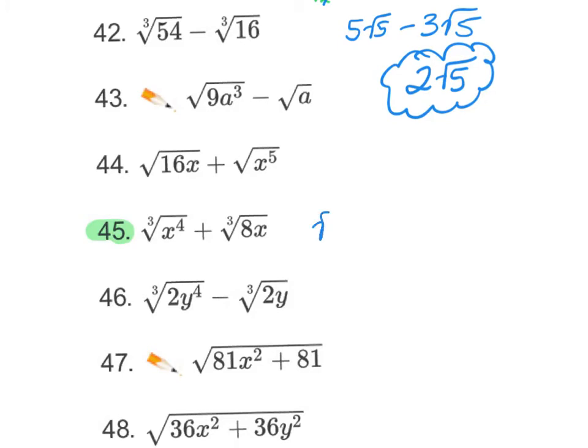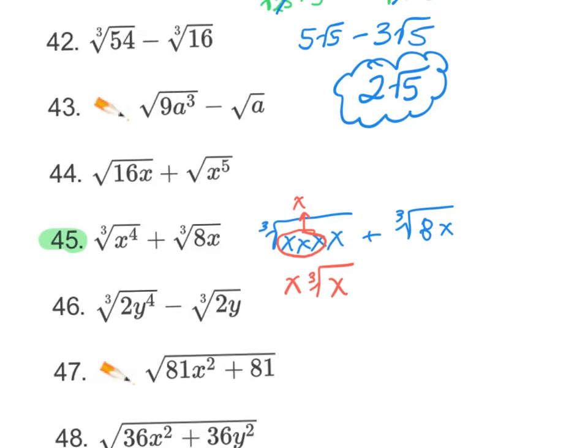If I break this down, this is the cube root, and I have 1, 2, 3, 4 x's. Plus the cube root of 8x. All right, how many groups of x's can I pull out here? One group. So this becomes x times the cube root of x.